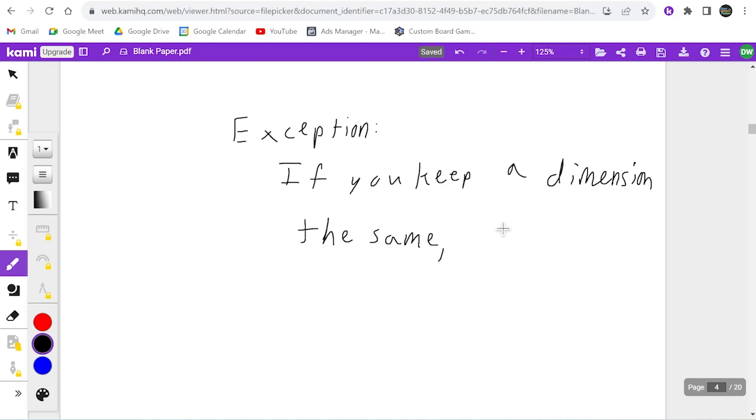If you keep one of those dimensions the same, cancel the units out. On the practice exam, this was the cookie dough example. You kept the height the same, and you'd have to cancel the height units out. What does that mean? Well, I'll show you. But any questions before we do the first practice problem?